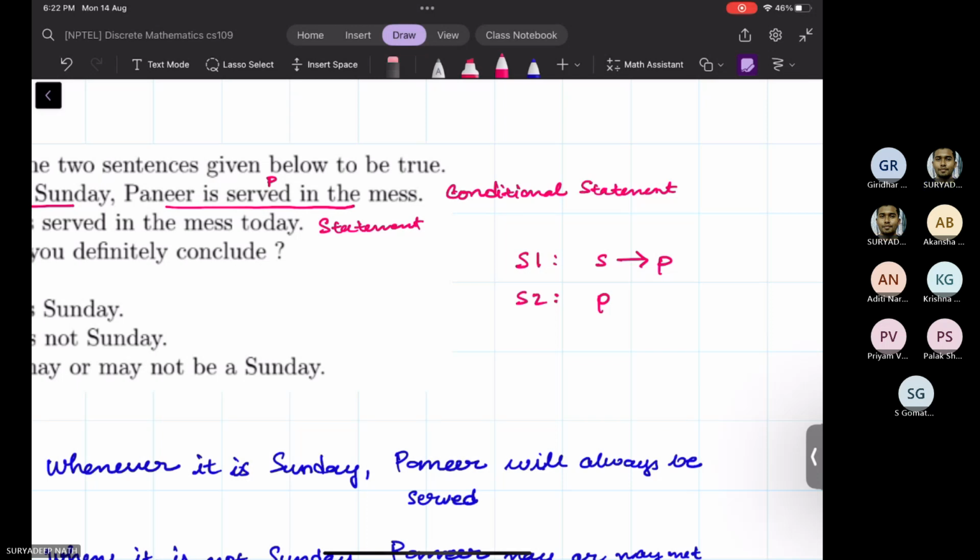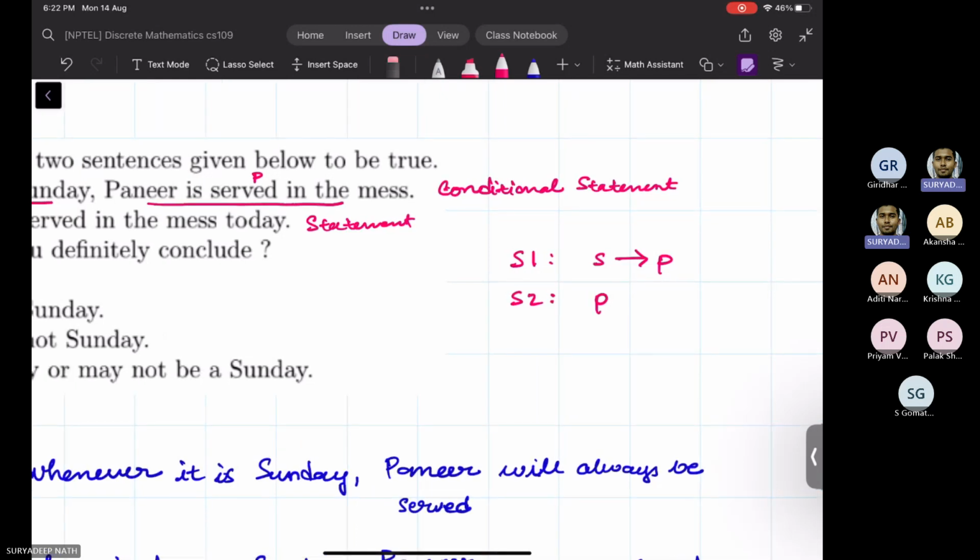If S is true, then P is true, but P being true need not imply that S is true.